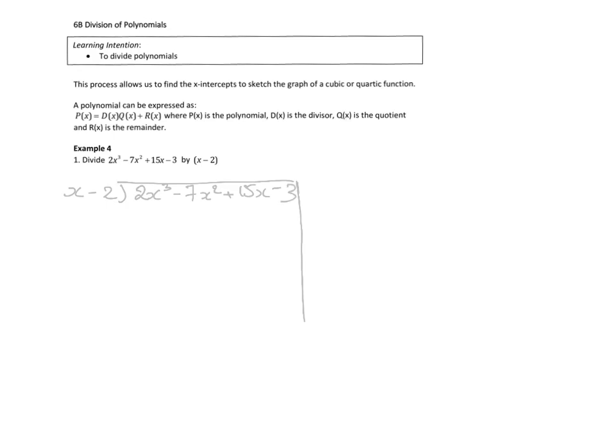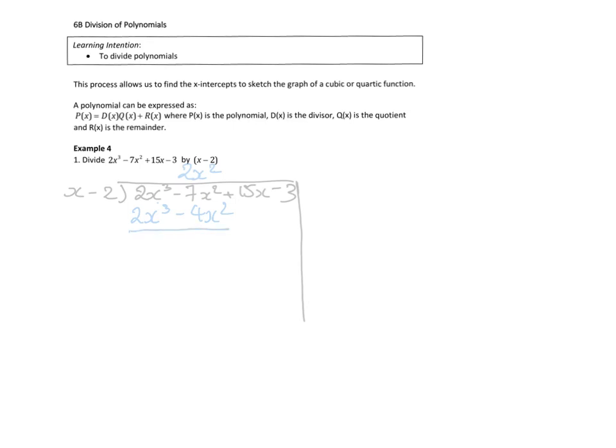Okay, so what you ask yourself then is, how many times does x go into 2x cubed? And the answer is, well, 2x squared, because x times 2x squared should give you 2x cubed. All right, so then 2x squared times x is 2x cubed, and 2x squared times minus 2 is minus 4x squared.